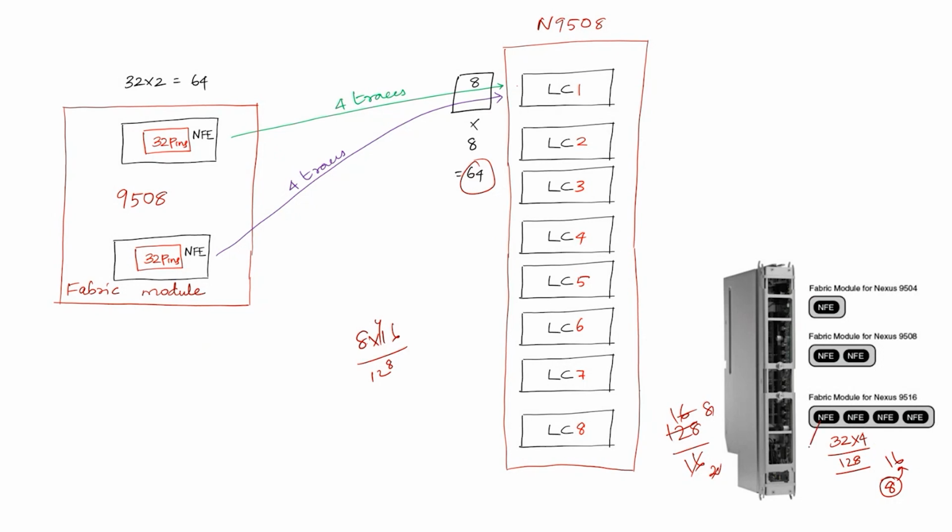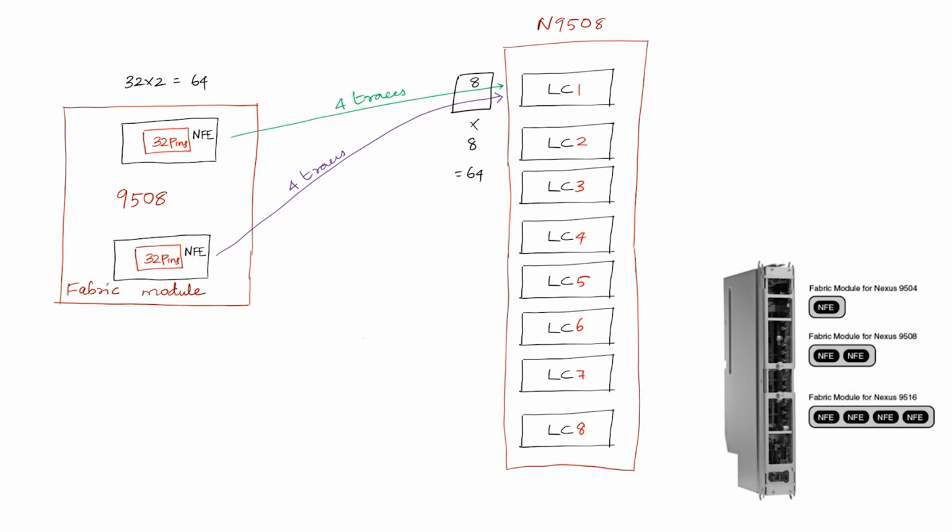If it is 8 traces, then you will take 2 traces from each of the ASICs. That's how it is connected. This is how every fabric module is connected to all of those line cards and is providing the midplane function. So although the midplane is not here, it is still providing the midplane function only.